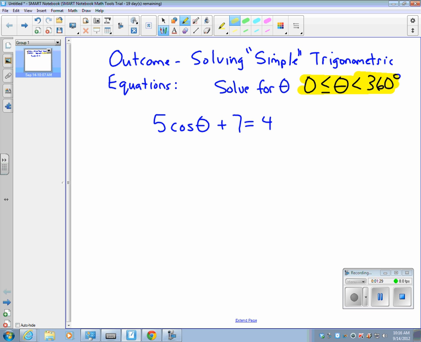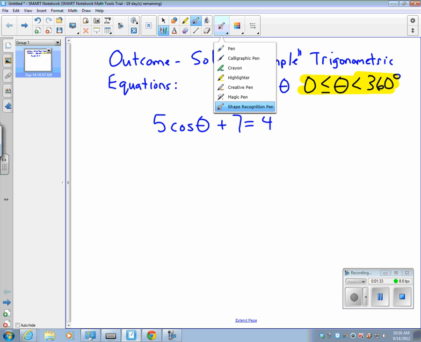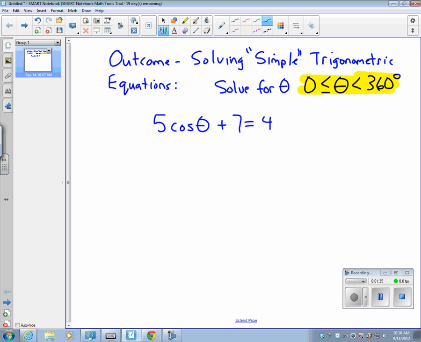Okay, that makes sense because that's kind of what we did in grade 9 as well, right? So the first step is to solve the equation for cos theta.